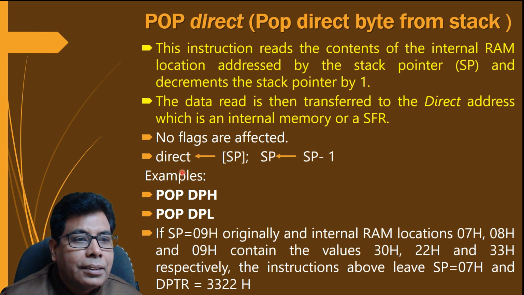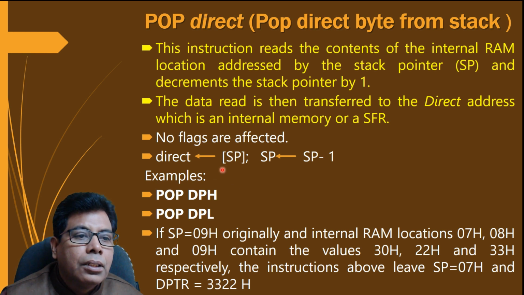In this case the direct address is DPH, so this data will be transferred to DPH. And in this case the direct address is DPL, so the next data will be transferred to DPL.